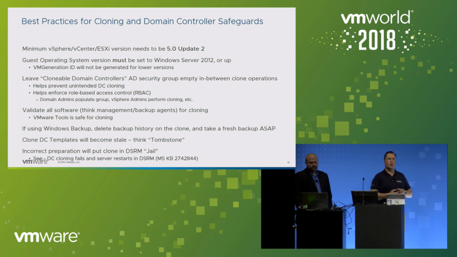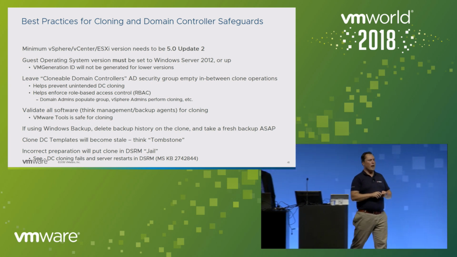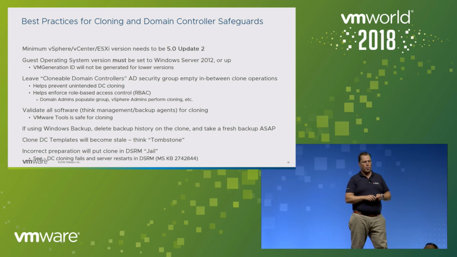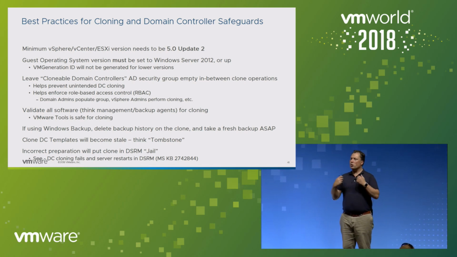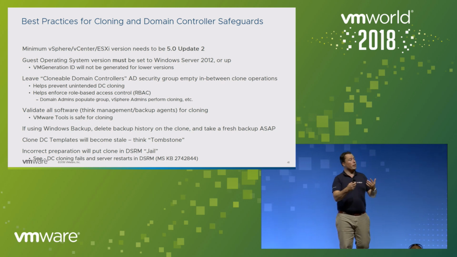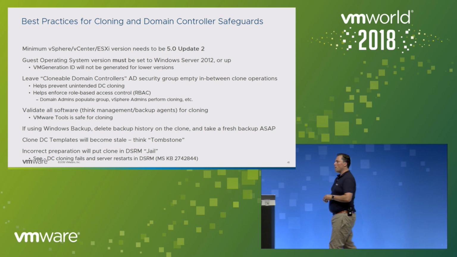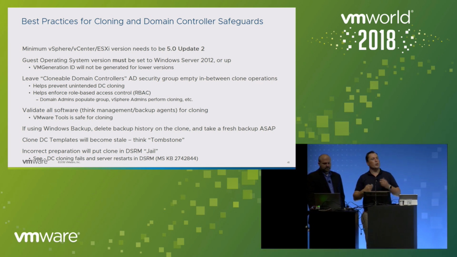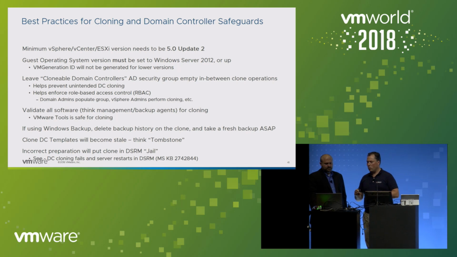If you don't perform a DC clone correctly, the domain controller will reboot into directory services restore mode. This is the same mode a domain controller will reboot in if you restore it using an Active Directory aware backup and restore solution. So if that happens to you, you know where to search.